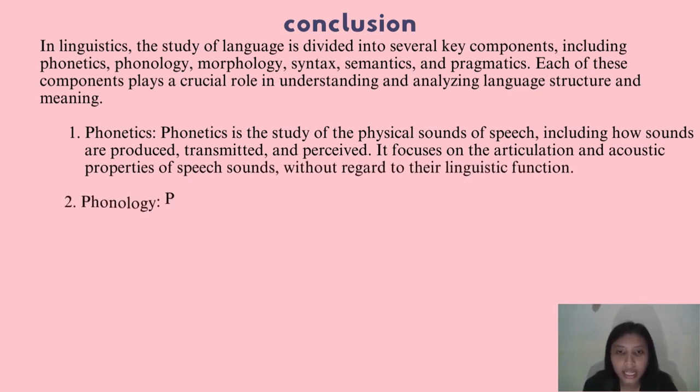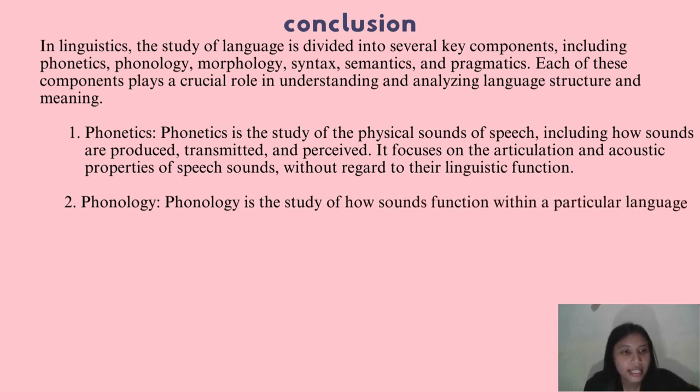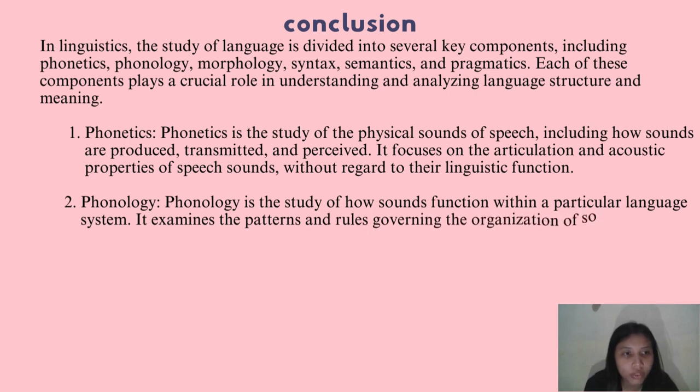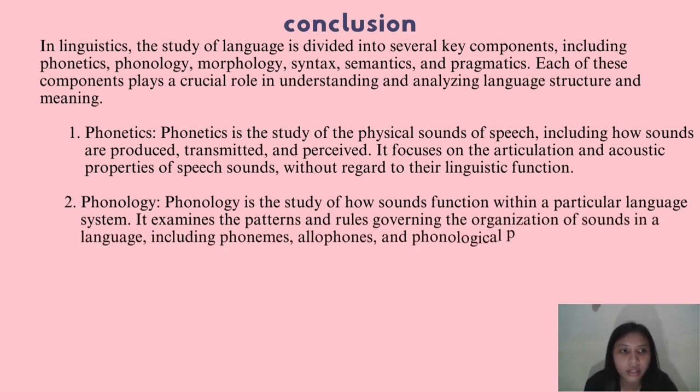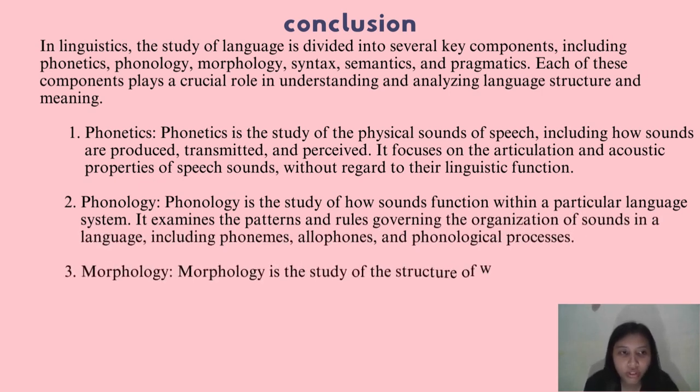Phonology. Phonology is the study of how sounds function within a particular language system. It examines the patterns and rules governing the organization of sounds in a language, including phonemes, allophones, and phonological processes. And then morphology. Morphology is the study of the structure of words and how they are formed.